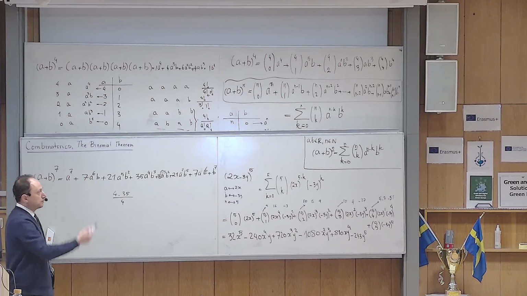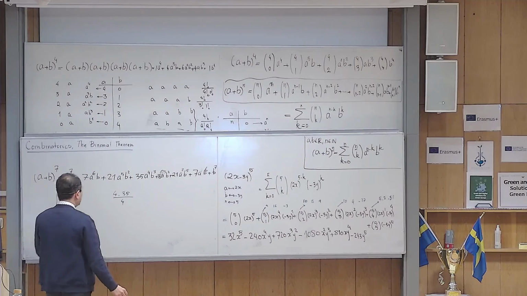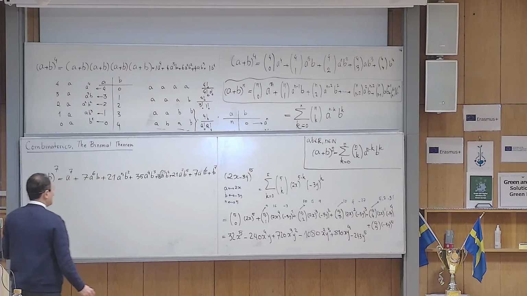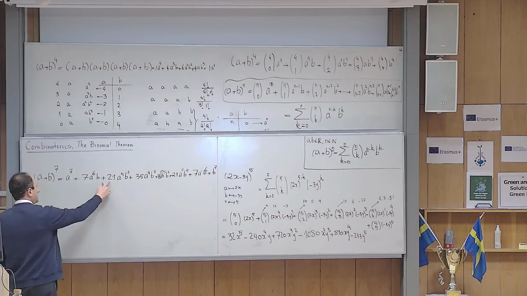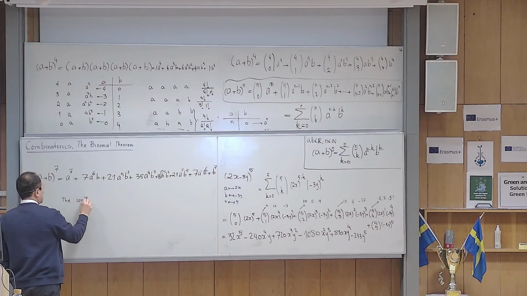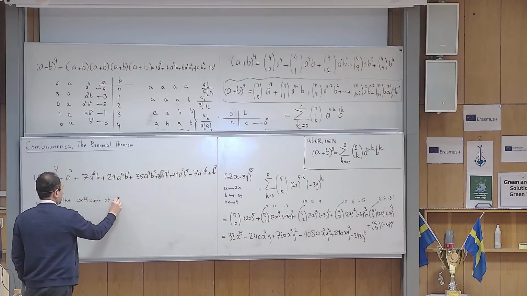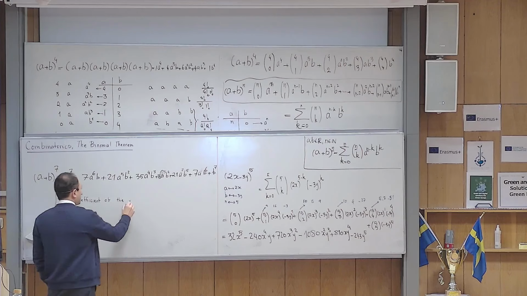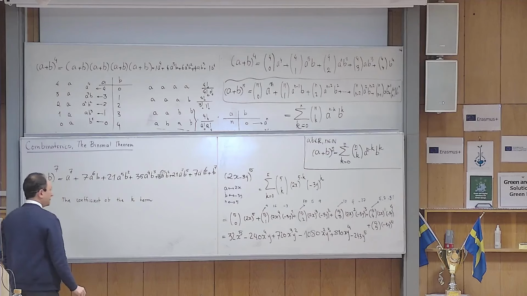We have to go and find a formula, okay? So, for example, what is my claim? My claim is the coefficient of the kth term. This is the claim, yes?